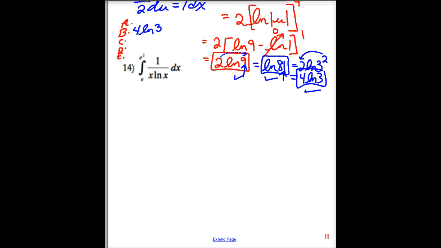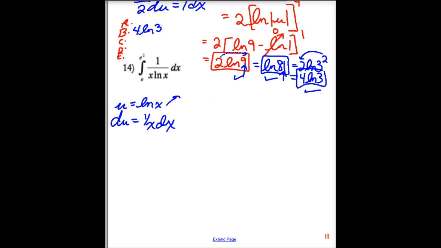Off to the next one, and this will be the last one in this section, and the assignment is worksheet 5.2a, numbers 1 through 15, and there's a key attached to that as well. So my gut instinct is to let u equal the natural log of x, because I can see that its derivative is the entire rest of the integrand.